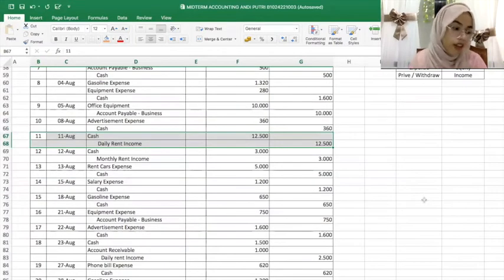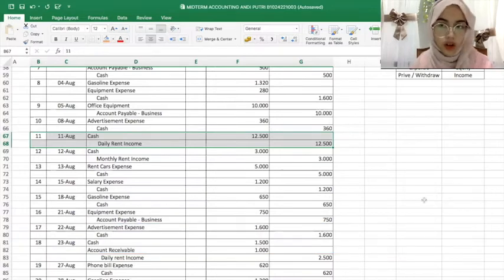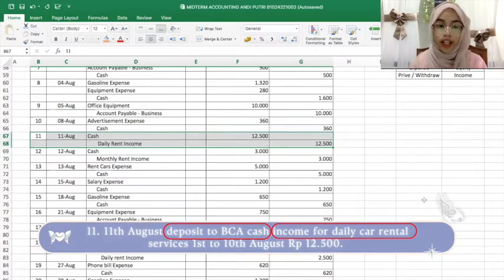For the 11th transaction at 11th August, it is said that deposit to the BCA cash income for daily car rental services 1st August to 10th August for 12,500 rupiah. So the accounts are cash and daily rent income.